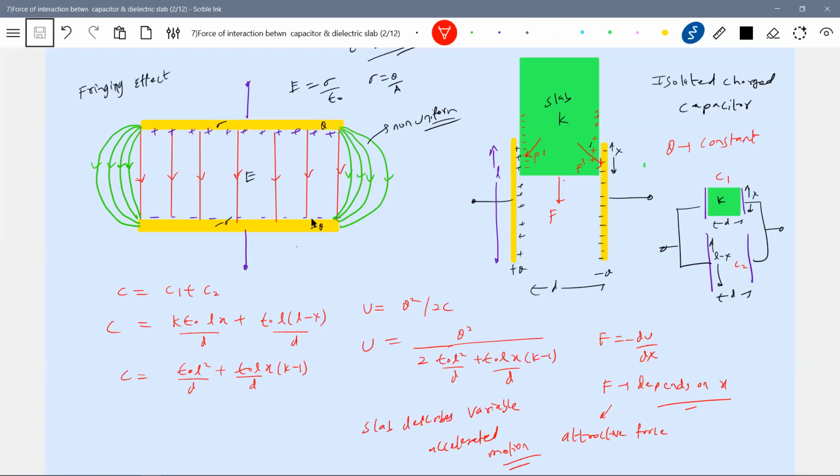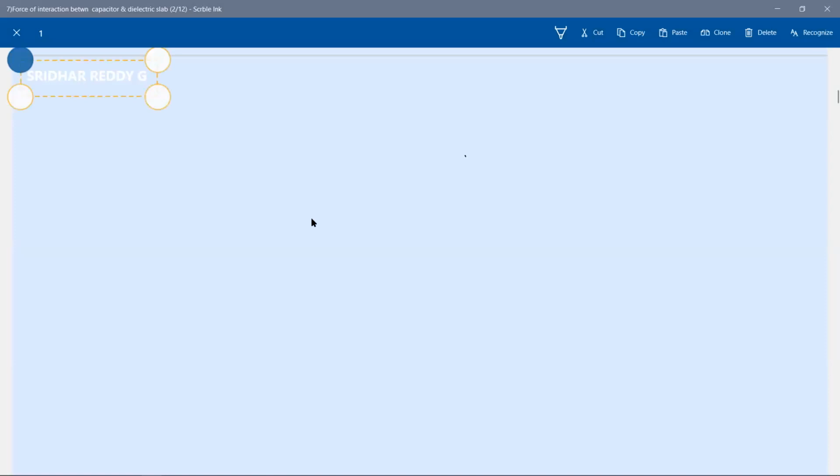Now the same thing, capacitor. I'm going to connect it to a cell. Then I'll introduce a slab. Then we'll see what will be the force exerted by the capacitor on the slab. I'll remove this, taking a lot of space.